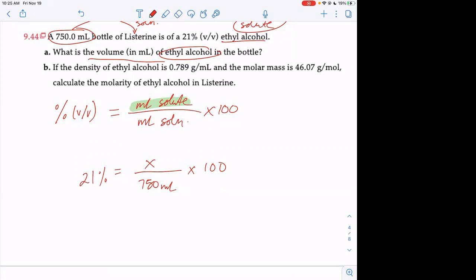So what do we need to do? How do you solve for X? Okay, like that. That cancels out over here. We have 0.21 equals X over 750.